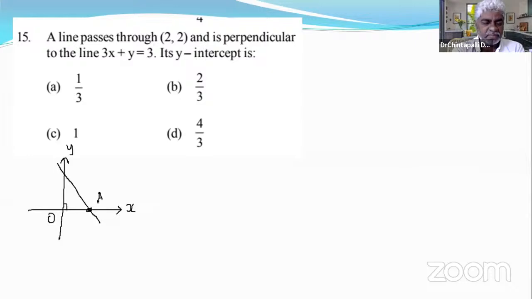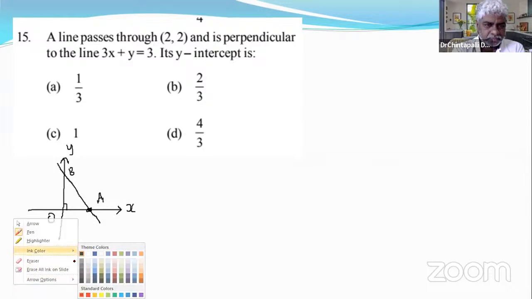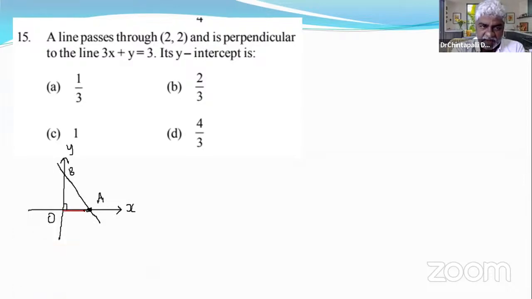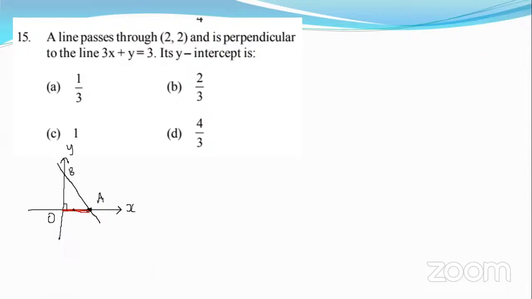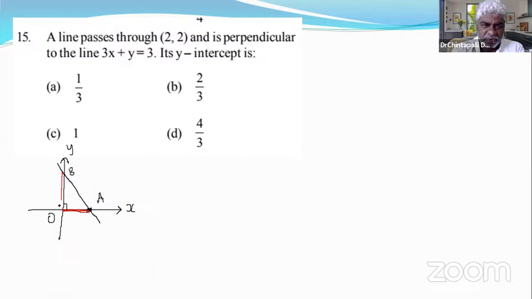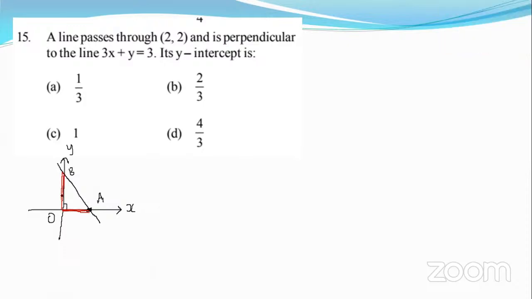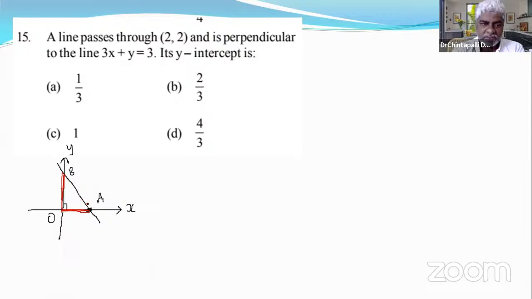Now, this is A, this is B. See, now this red line is called the x-intercept, and this is called the y-intercept. X-intercept and y-intercept, right?